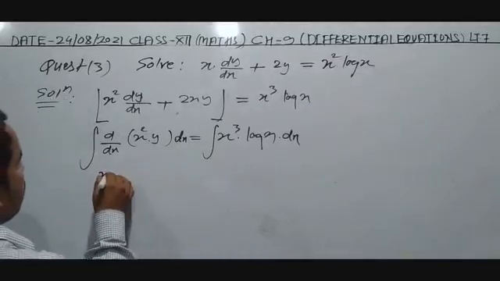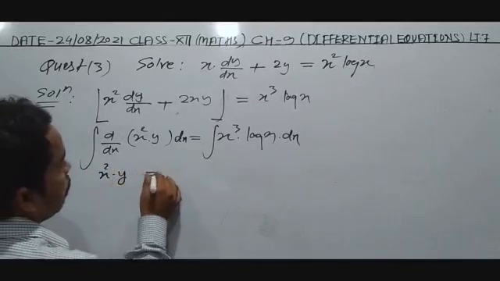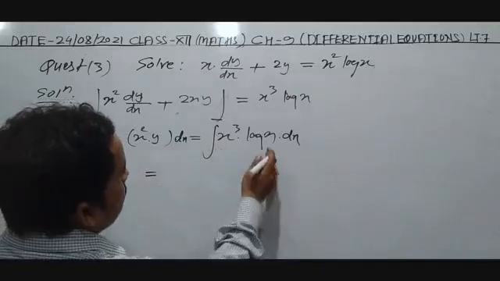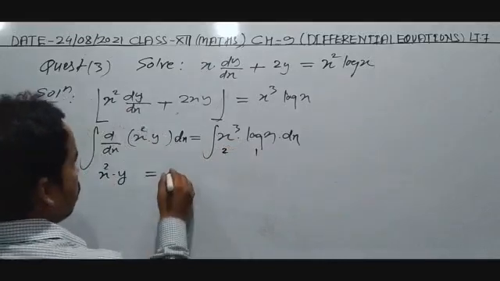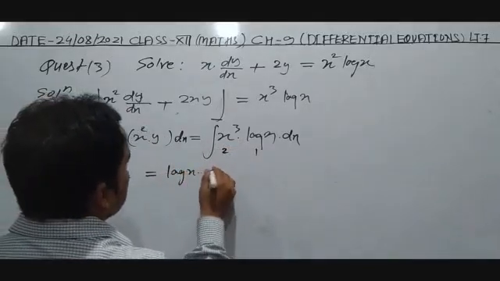The result will be x square y is equal to, in this question we consider by ILATE, first function log x and second function x cube.